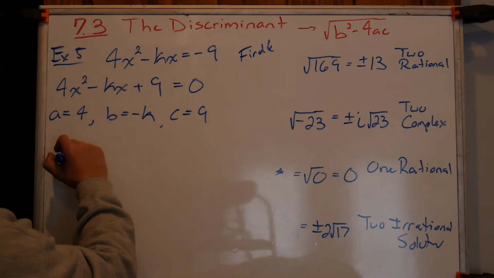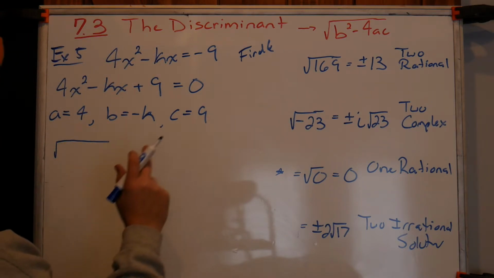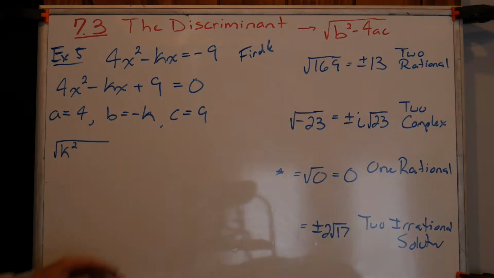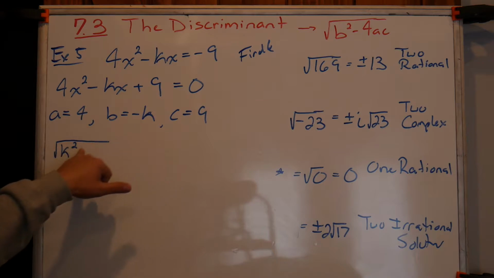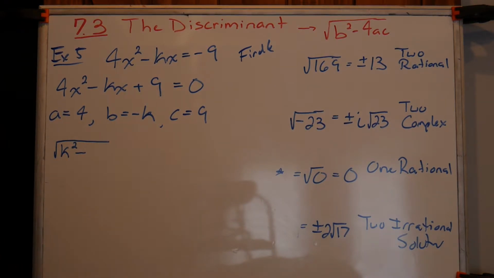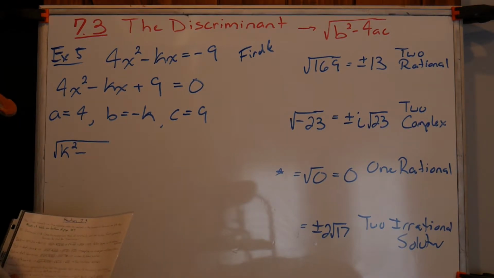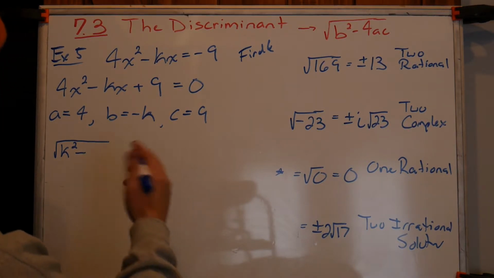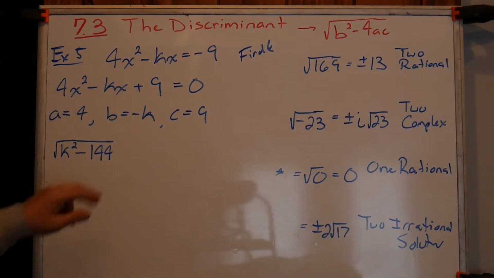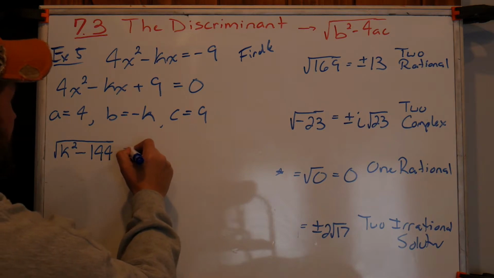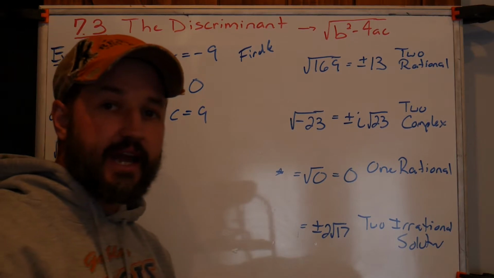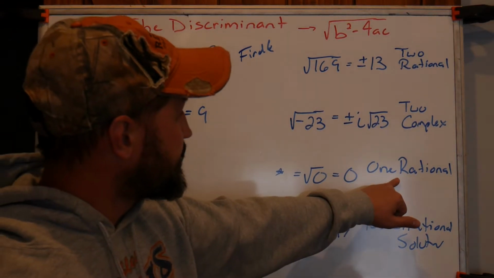We know that the discriminant, b squared, our b is -k, so k squared minus 4ac, which is kind of nasty, oh again, it gives us 144. Square root of k squared minus 144 equals 0. When that equals 0, I have one rational solution.